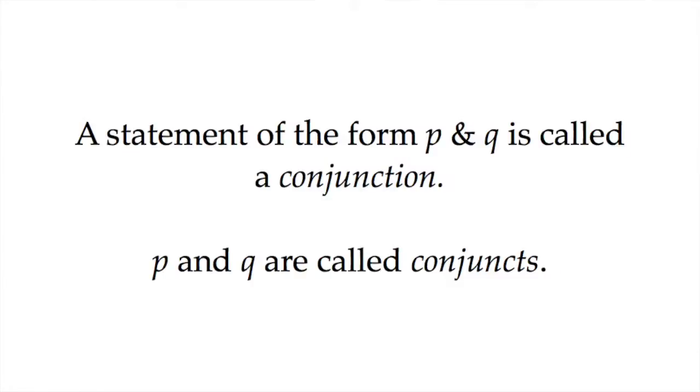A statement that is symbolized P ampersand Q, a statement of the form P and Q, is called a conjunction. And in a statement like this, P and Q are called the conjuncts. Okay? And so what I've just given you are two extremely simple arguments about conjunction.